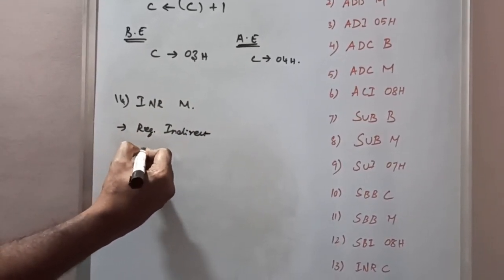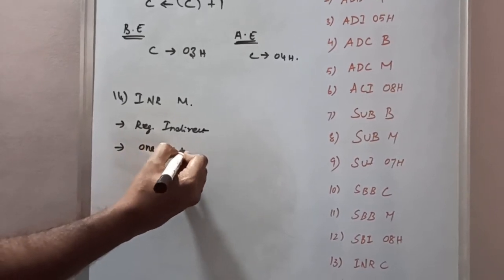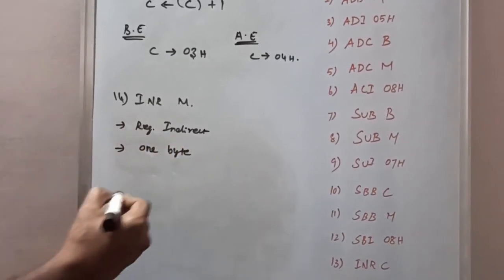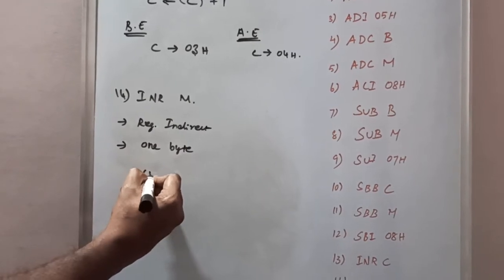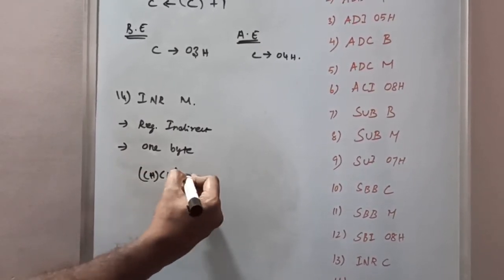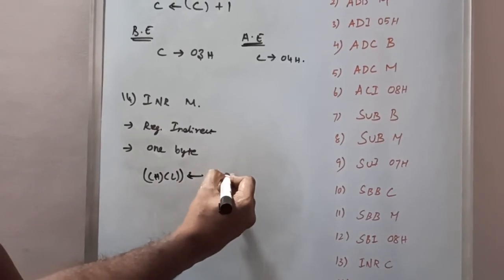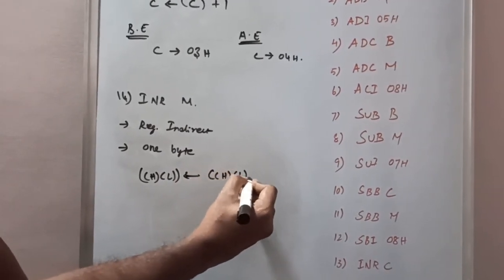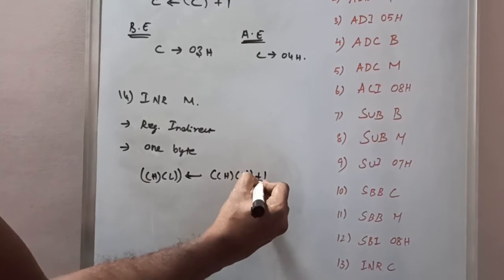Byte of instruction: 1 byte instruction. Memory represents the HL pair register. The HL pair register value is incremented by 1.